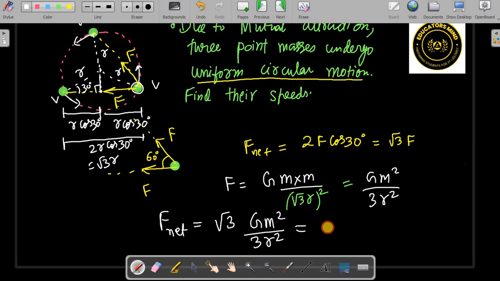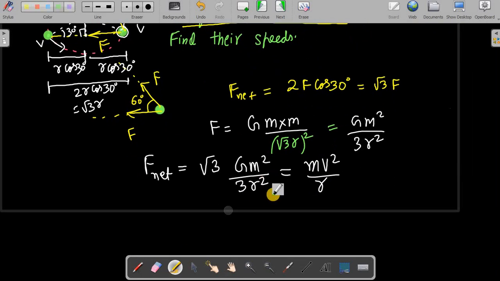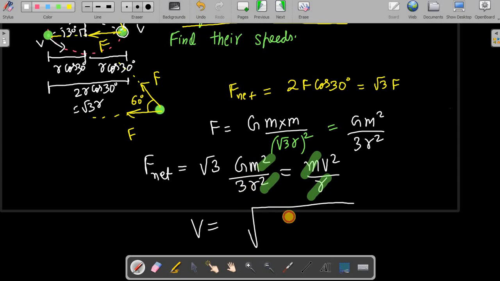This is the centripetal force, m v squared by R. So from here we calculate: R got cancelled, M got cancelled. So velocity comes as root 3 will also come in the denominator: v equals root of G M by root 3 times R.